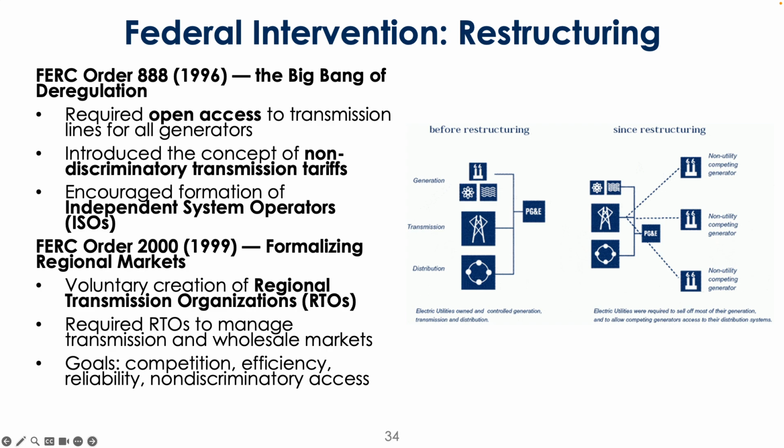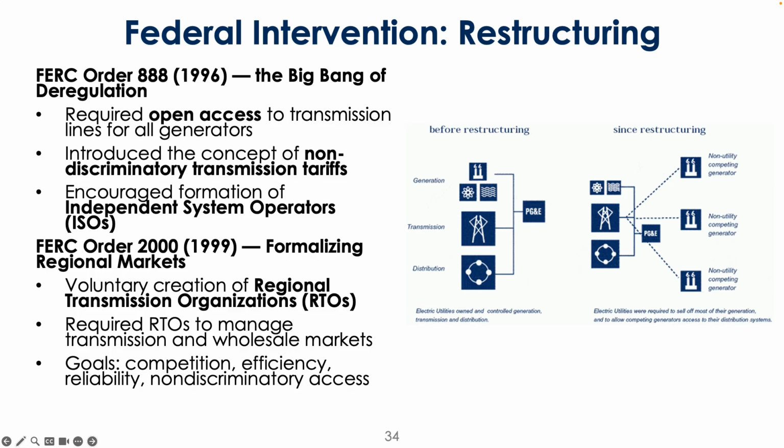So before restructuring, PG&E owned all the distribution, all the transmission, all the generation. After restructuring, they are no longer allowed to own, okay, caveat, they had to sell off most of their generation assets.